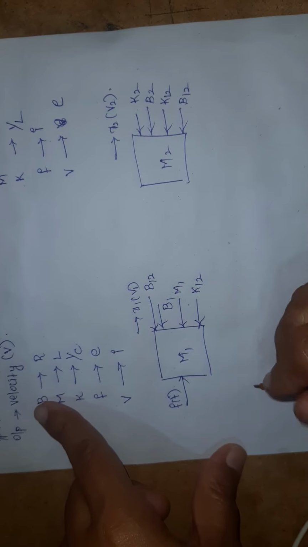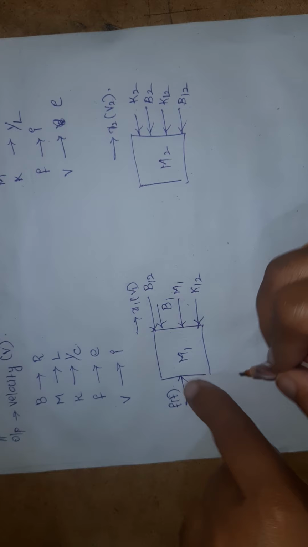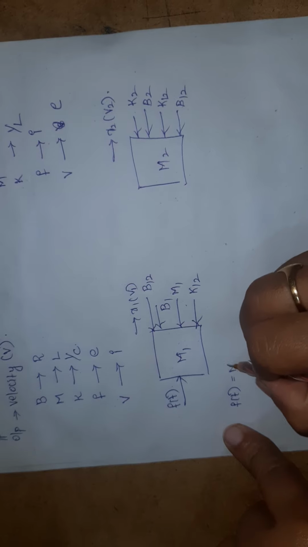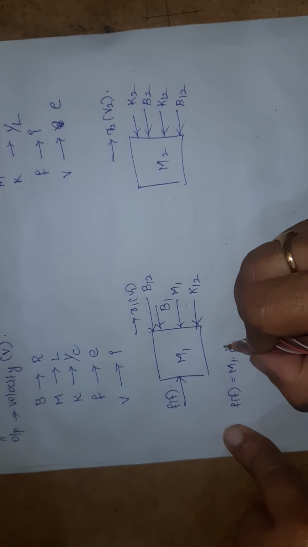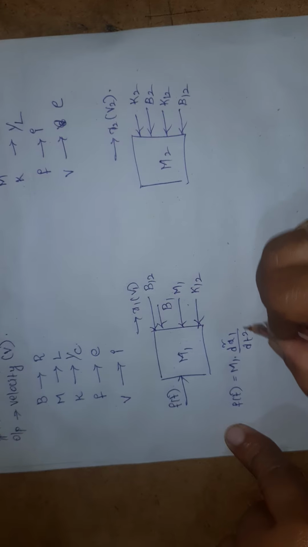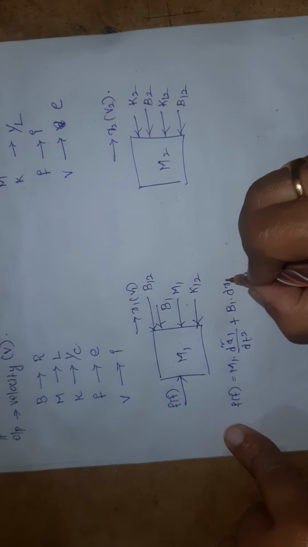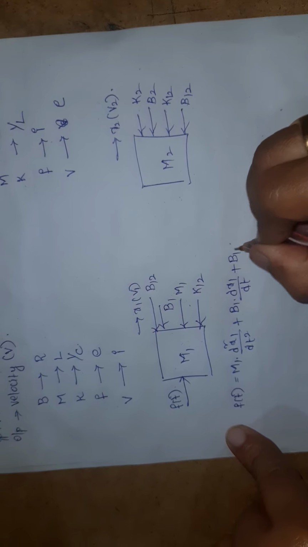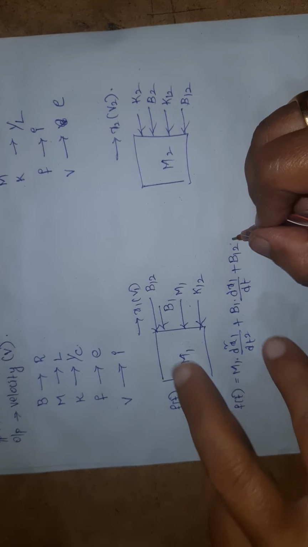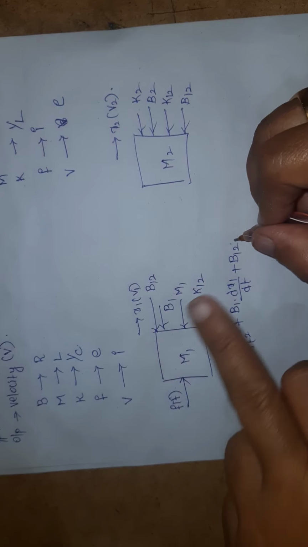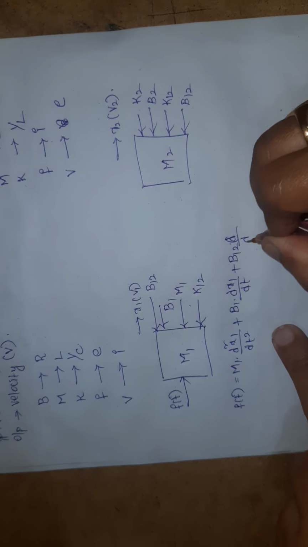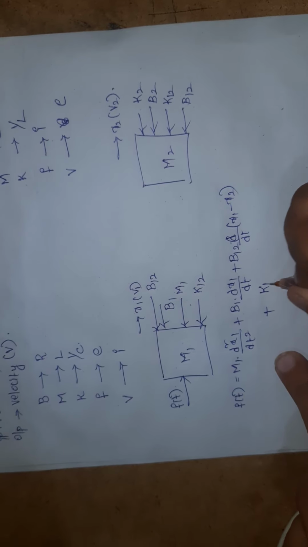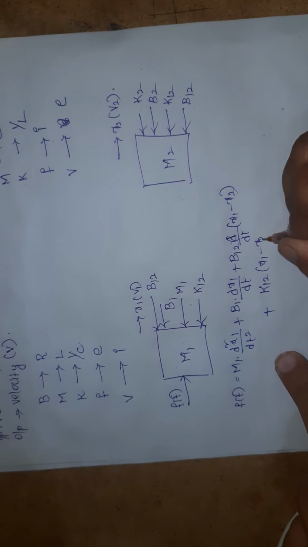Now write the force balance equation. According to Newton's second law, the applied force is always equal to the opposing forces. So F of t equals m1 d square x1 by dt square, plus b1 dx1 by dt, plus b12, giving preference to the first node, so consider x1 minus x2, d by dt of x1 minus x2, plus k12 into x1 minus x2.